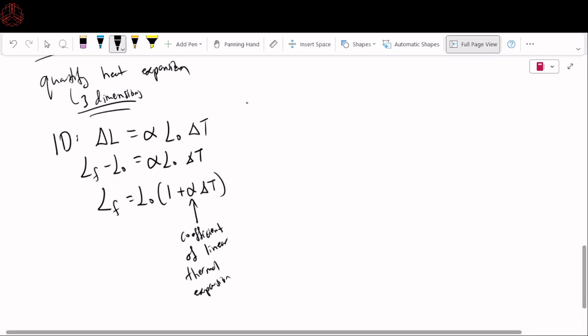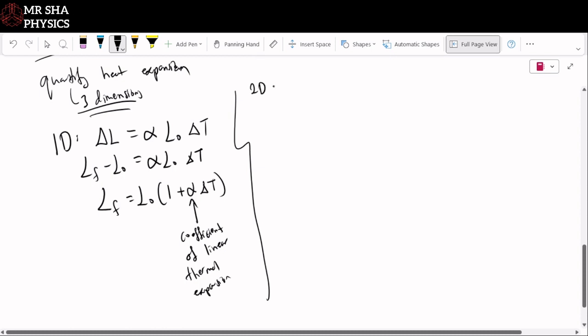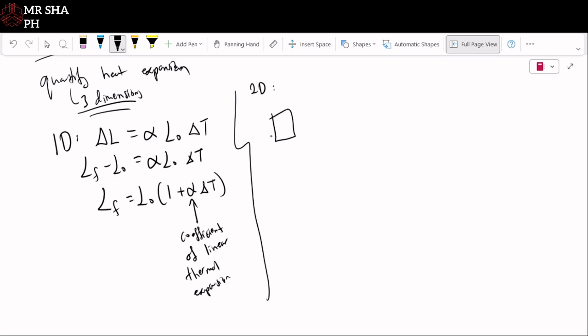Okay. Now, if we were to move on to 2 dimensions, you no longer talk about length. I want you to imagine a square of length L times L. Then you'll have to talk about expansion in both directions, both in the x-axis and the y-axis.